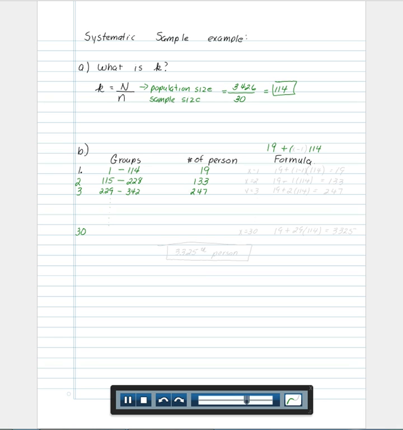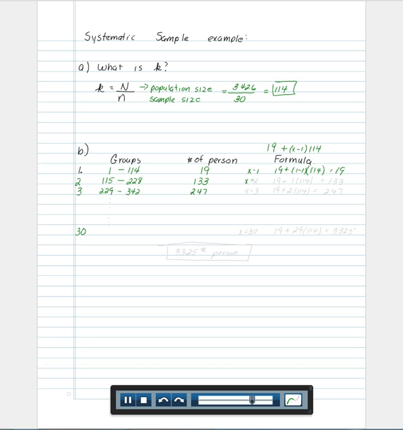So basically, if I put an x minus 1 in front of that, where x stands for the group number. So in the first one, if x is 1, then that's going to be 19 plus 1 minus 1 times 114. Well, if we go ahead and multiply that out, that gives me just 19.